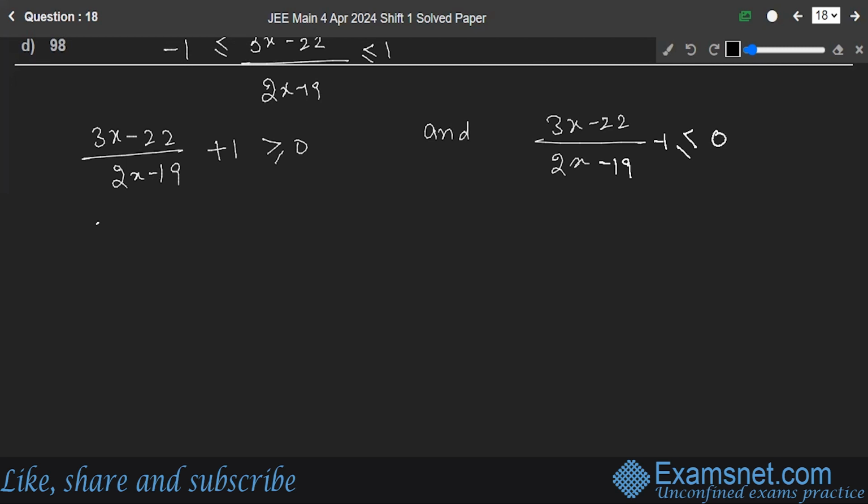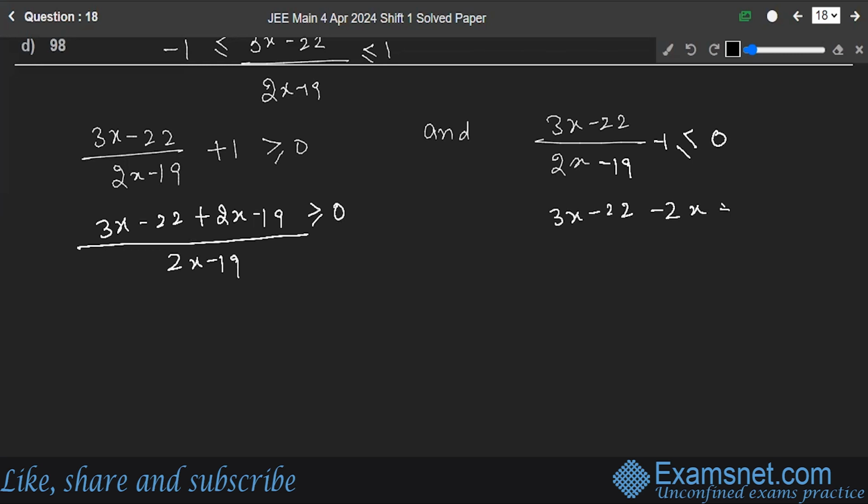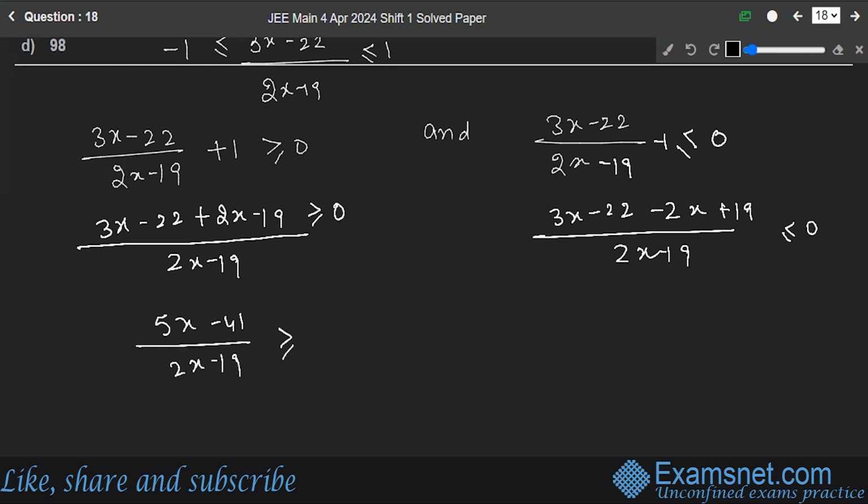Let's solve it. You will have (3x minus 22) upon (2x minus 19) greater than or equal to 0. And (3x minus 22 minus 2x plus 19) upon this is less than or equal to 0. This gives me (5x minus 41) upon (2x minus 19). And this will give me (x minus 3) upon this.